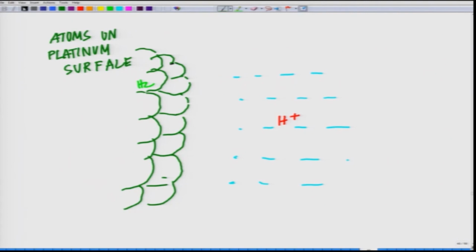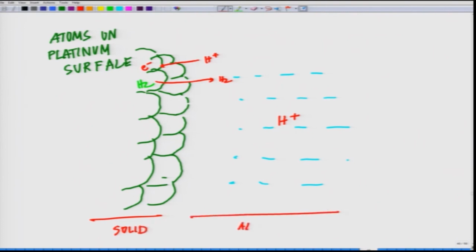These H plus ions are coming onto this surface, attracting the electrons and becoming H and eventually becoming H2. Okay. Now, this H2 is traveling back into the solution in the aqueous phase. So, this is the solid and this is the aqueous or the liquid phase.